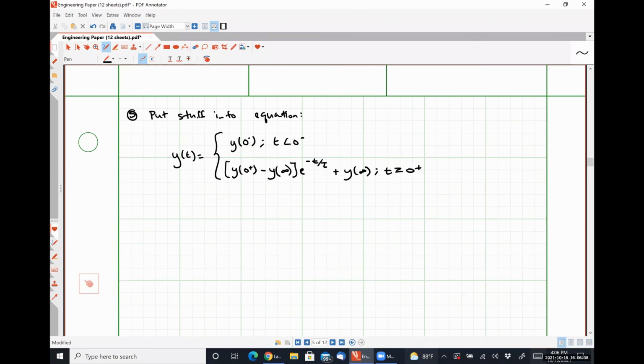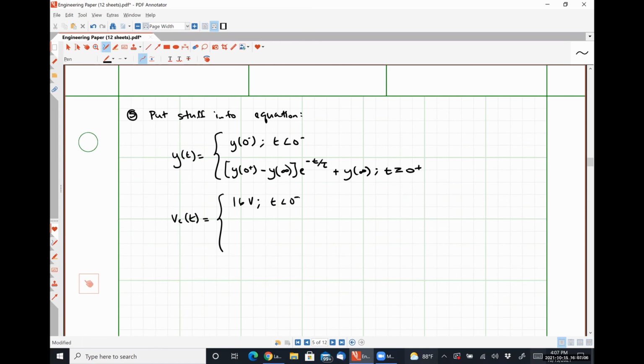So if I were interested in my capacitor voltage, what was the capacitor voltage at t is equal to 0 minus? 16 volts. The capacitor voltage at 0 plus must have continued to be 16 volts.